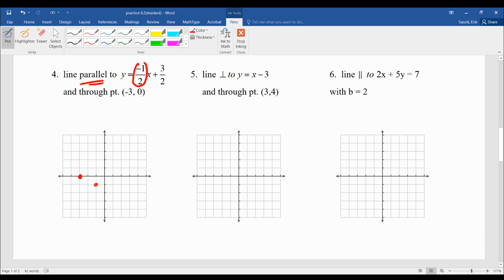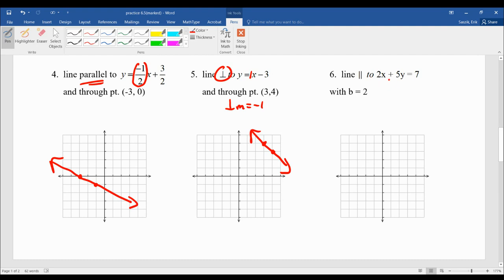Down 1 over 2. Now this one says perpendicular. The slope is this invisible 1. So the perpendicular slope, if I flip 1, I still get 1, but I have to change the sign. So I go to the point 3, 4, 3, and I have to go down 1 over 1. And there's my line.